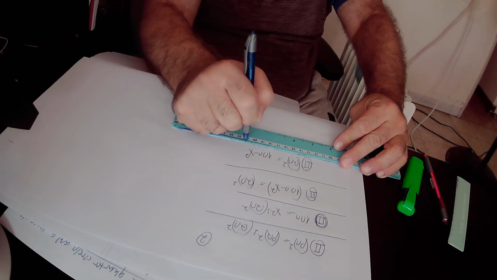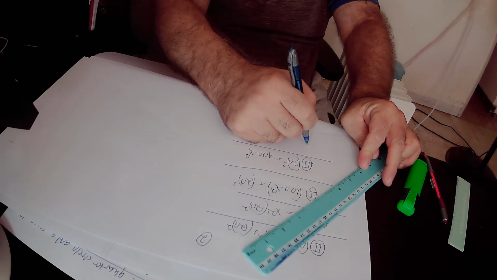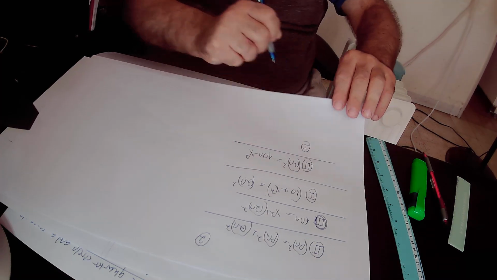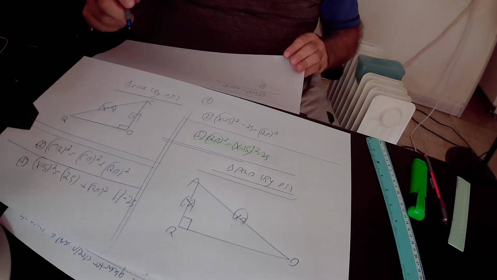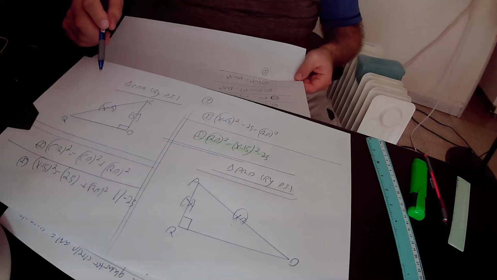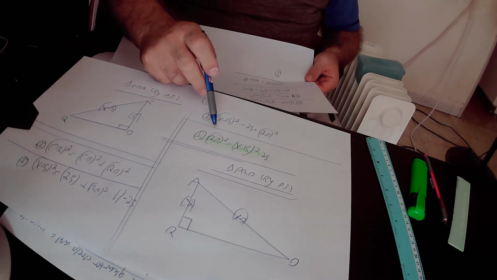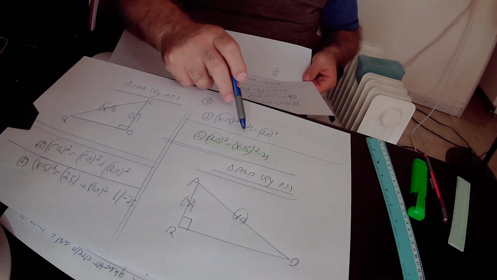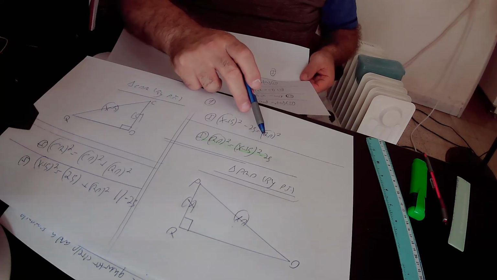This is according to equation 2. But according to equation 1, we already found out that QO squared equals (x plus 5) squared minus 25.